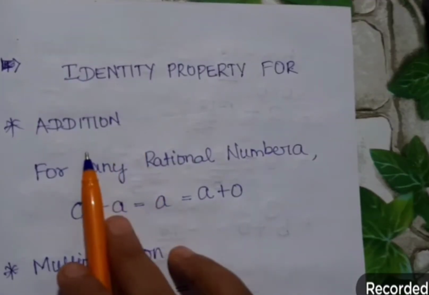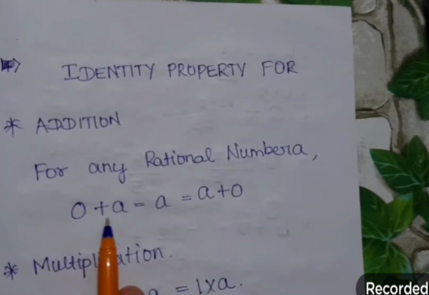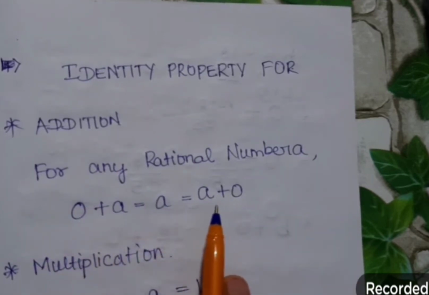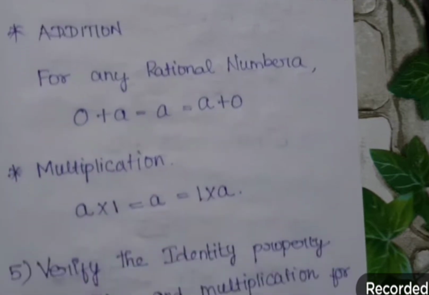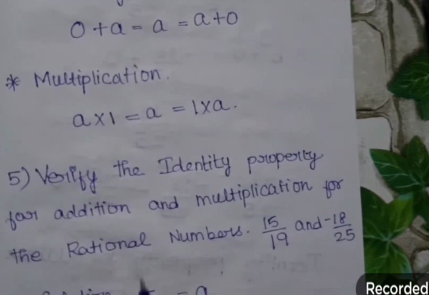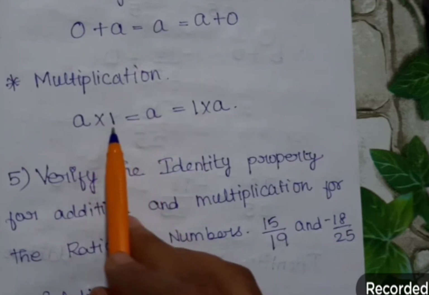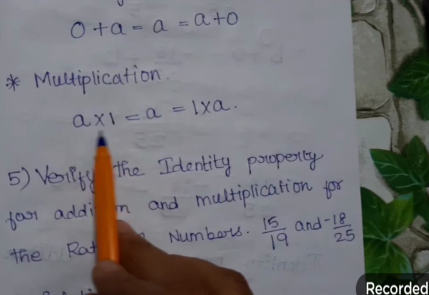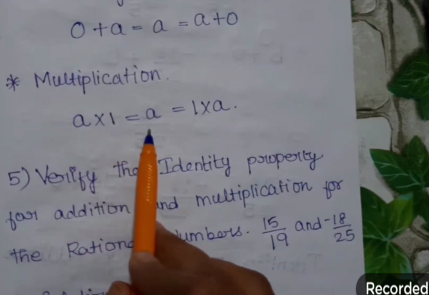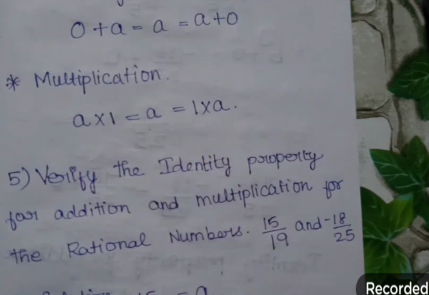Identity property for addition: for any rational number, 0 plus A is equal to A, or A plus 0 is equal to A. If you add 0 with any number, the same number you will get. For multiplication, A into 1 is equal to A. Any number, if you multiply with 1, the same number you will get. So A into 1 equals A, and 1 into A equals A.